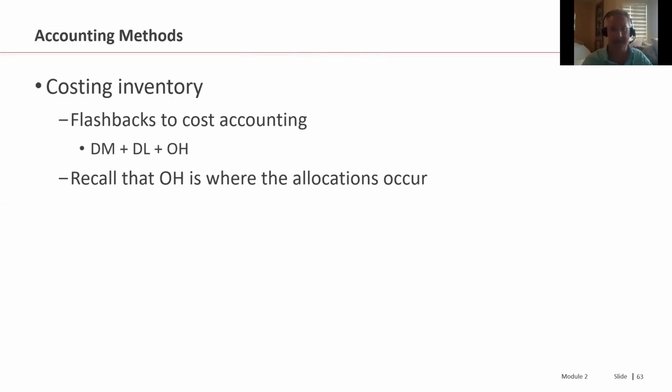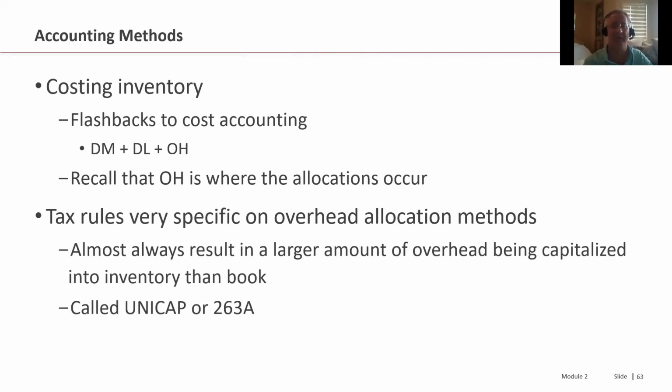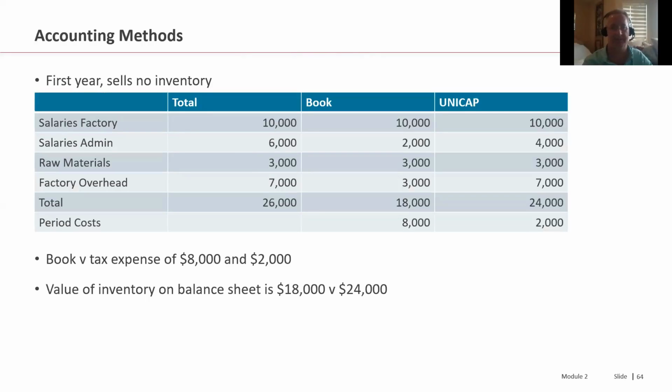That's just cost accounting. Well, the tax rules are very specific on overhead allocation methods. And UNICAP, or Code Section 263A, is well beyond the scope of what we need to cover in this course. I covered that in the corporate accounting course as a graduate student. But know that this specific allocation method that the tax rules require almost always results in more overhead being capitalized into the cost of inventory than for book purposes.